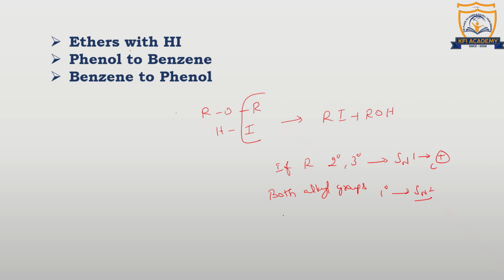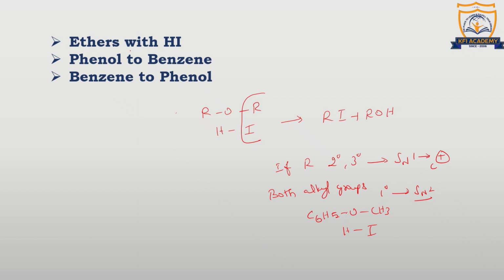In case aromatic compounds are there, any atom connected with the aromatic ring always has partially double bonded character, so we cannot remove it. For example, anisole. What is the formula for anisole? C6H5OCH3. So what will happen with HI? There are two possibilities: either oxygen can go along with benzene or oxygen can go along with the methyl group.